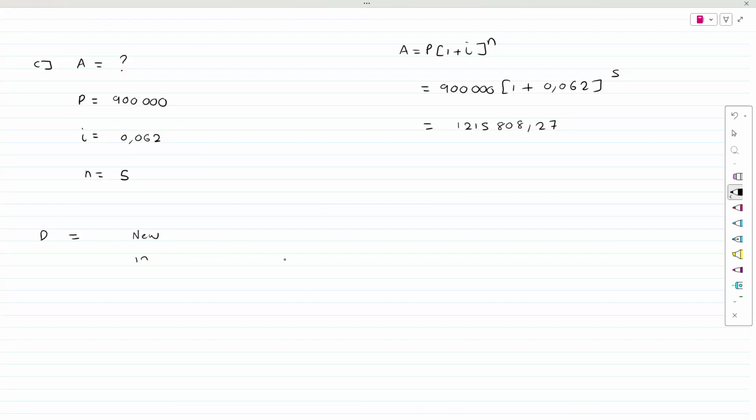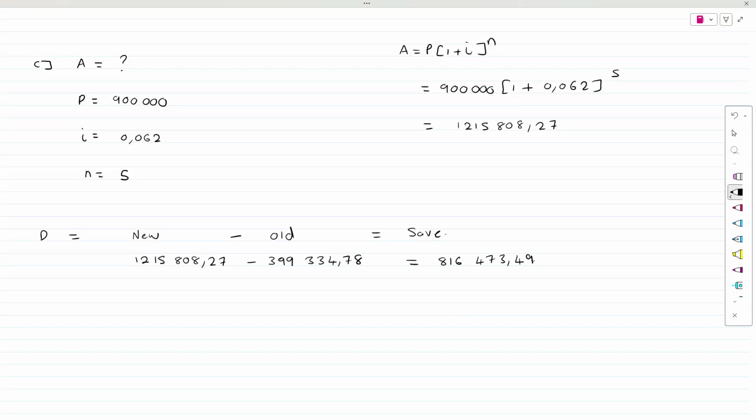The new truck costs 1,215,808 Rand and 27 cents. His old truck, after 5 years, is going to be worth 399,334.78. That means this guy needs to save 816,000. He needs 816,000.